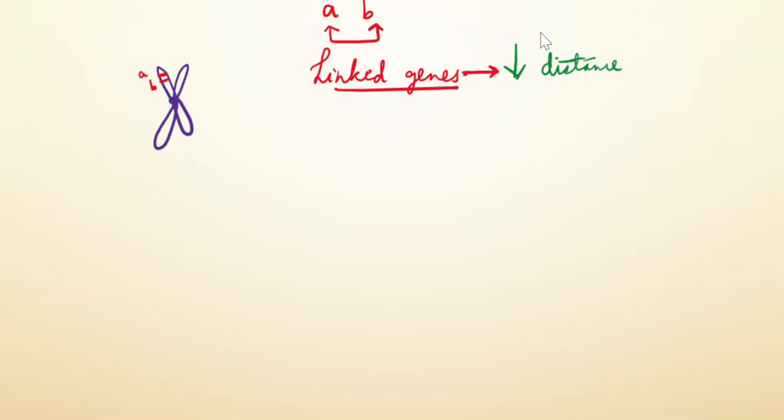Now one thing I will say: linked means the closer the two genes are, if they are very close to each other, then we say that they can inherit together.